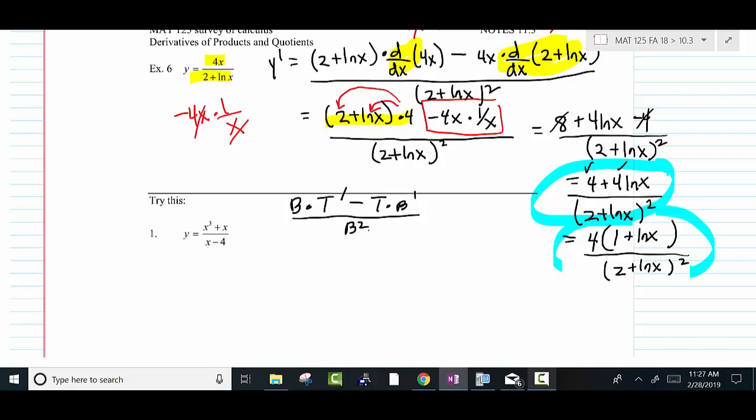Because when you do the outside, that's just plus x. X times 1 plus x. Then you got that. That should be a plus x. Well, that's good right there.